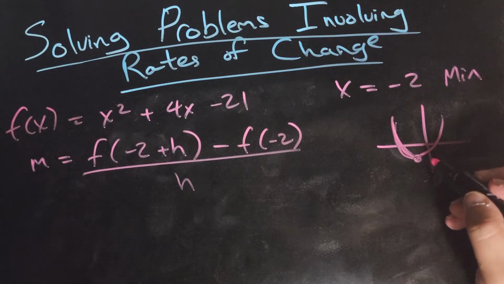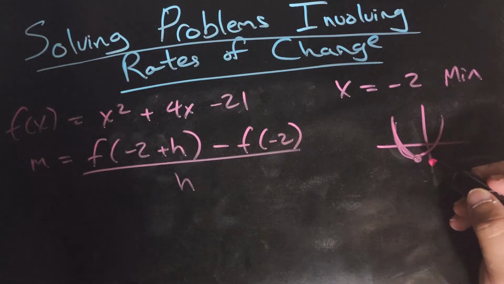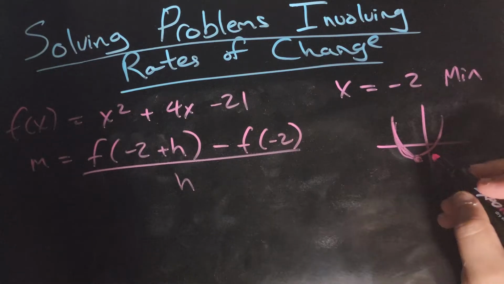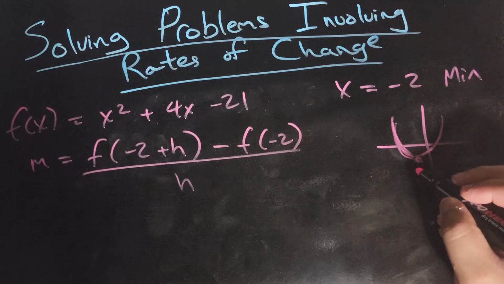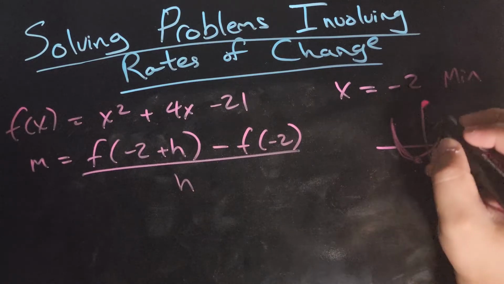At x equals -2, we're going to use 2 points and the difference quotient. So for 1 point, we're going to use this. Well, actually, we're going to use -2 comma -25. So let's put that there.